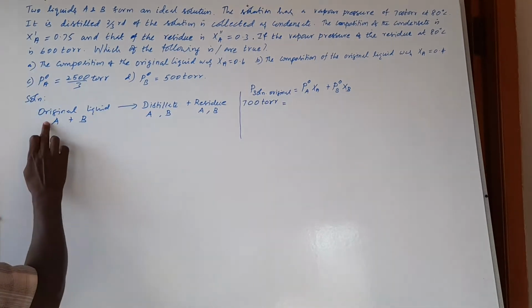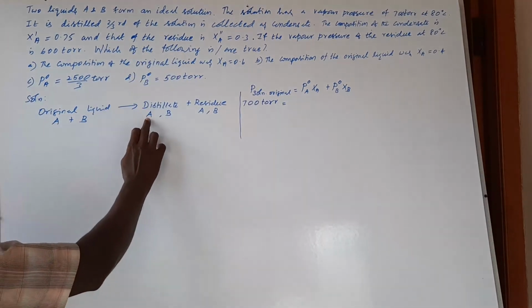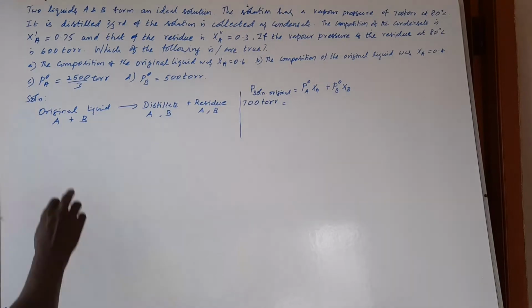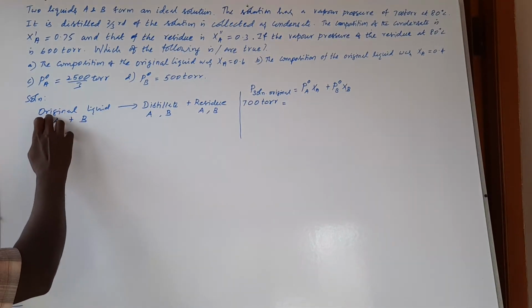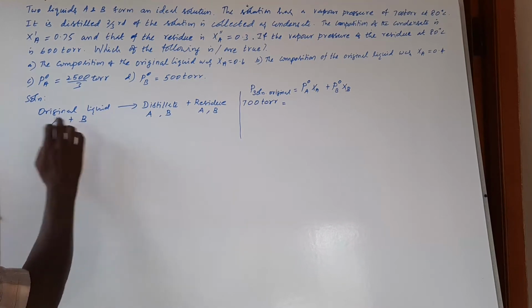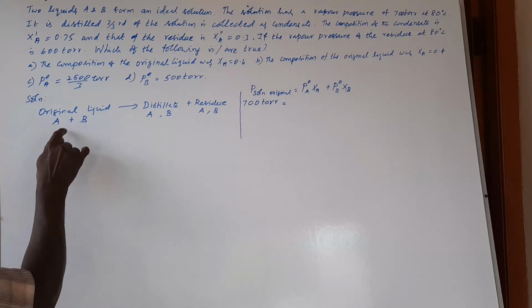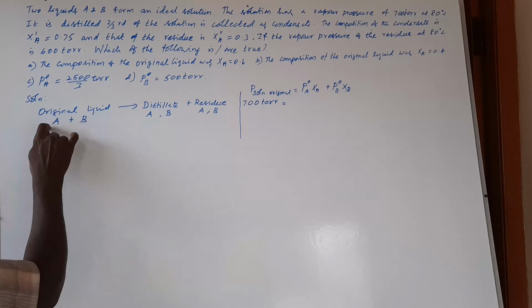Mole fraction of this A we do not know. That's what they are asking. Mole fraction of this A and mole fraction of this A is given. So mole fraction of this A, if you want, we should know number of moles of this A and total number of moles. Then we have to relate in terms of number of moles.